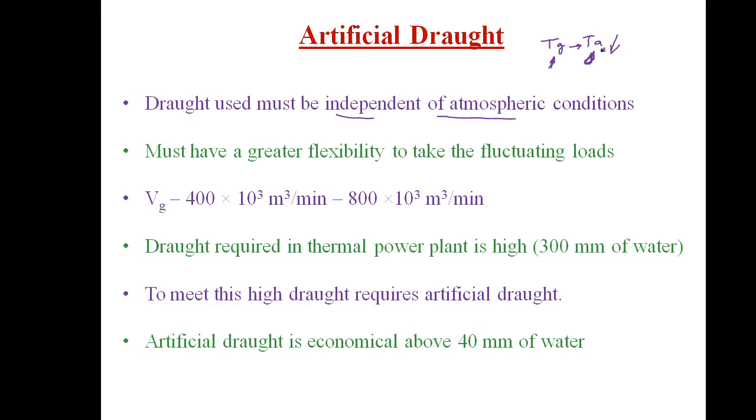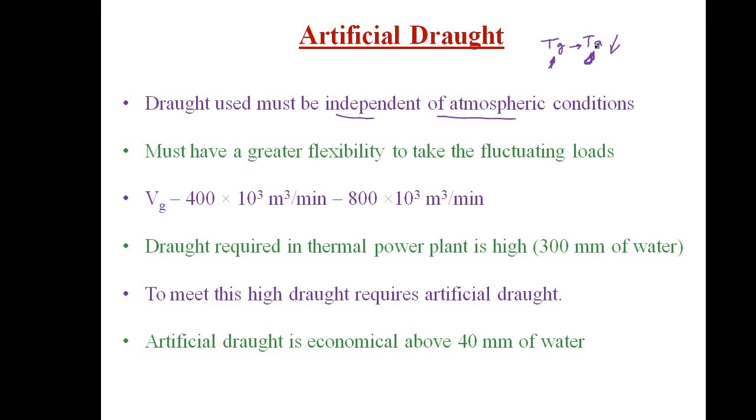If the ambient temperature increases, the draught gets reduced. So if the ambient temperature changes, that affects the draught produced.